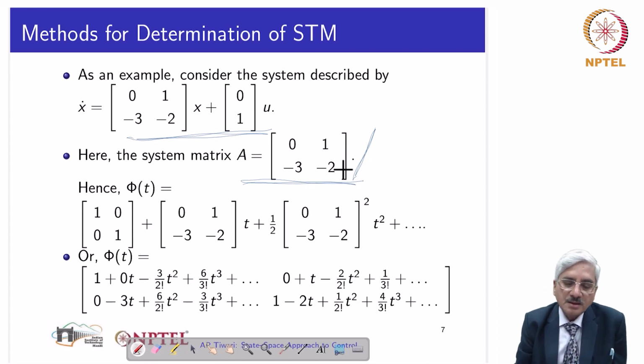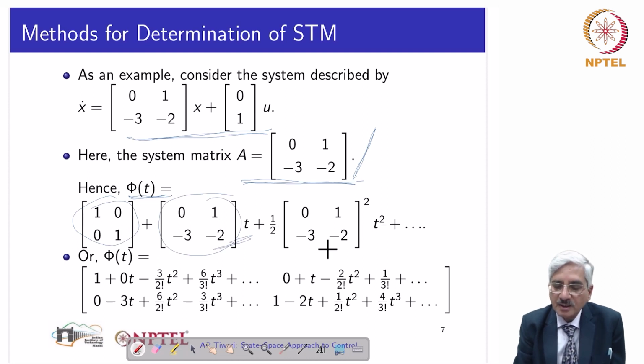And hence the state transition matrix phi(t) will be identity matrix, this is identity, this is A matrix, A times t, plus half A squared t squared, this is A squared into t squared, and so on. And one can evaluate by obtaining this A squared, multiplying with t squared, multiplying A with t and taking some other terms also, that phi(t) will be obtained like this.